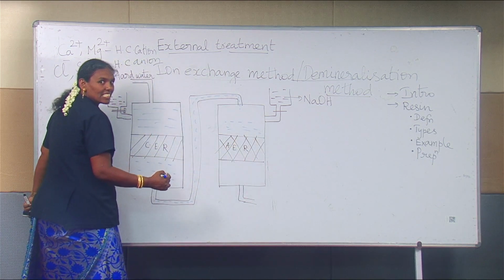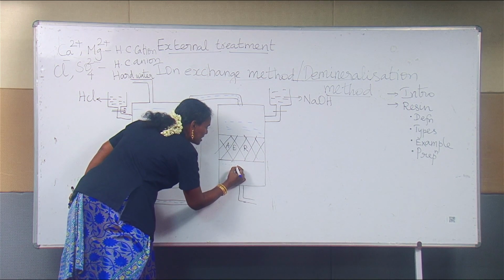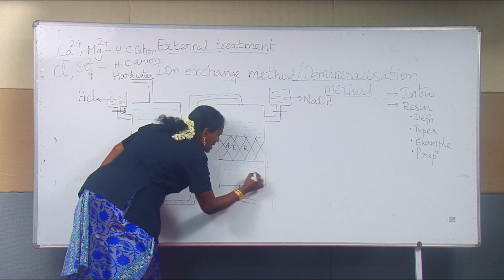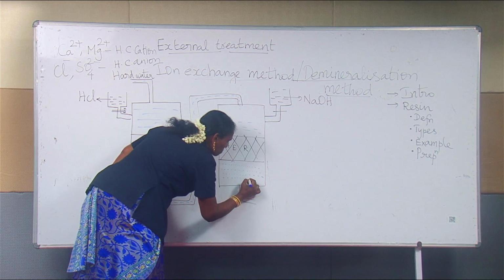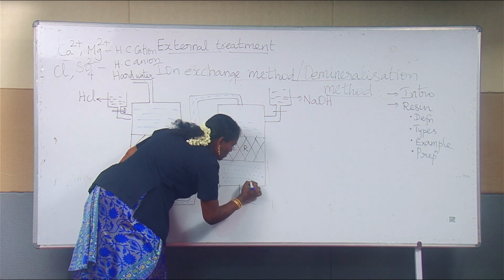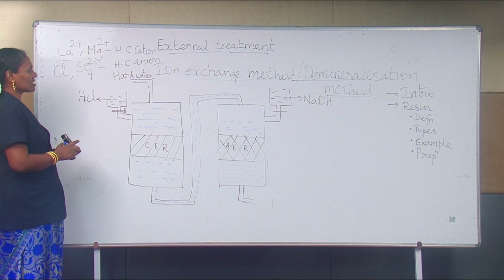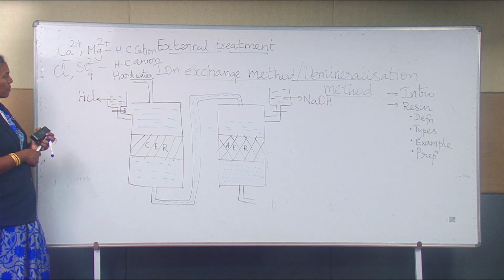And after passing the anion exchange resin bed, that water is called demineralized water, which is free from all types of ions. Okay, so this is the neat diagram of the ion exchange method.